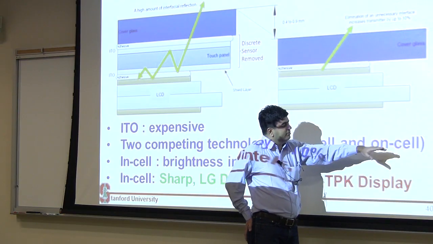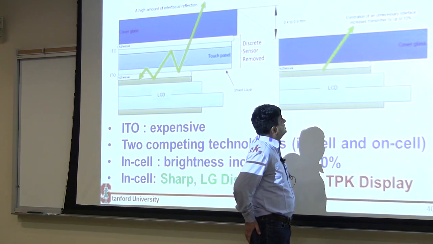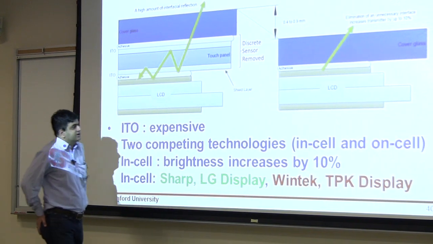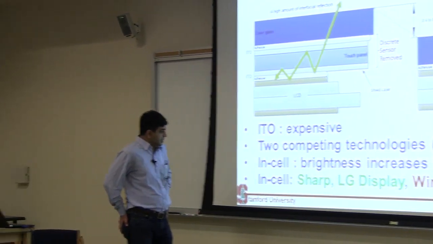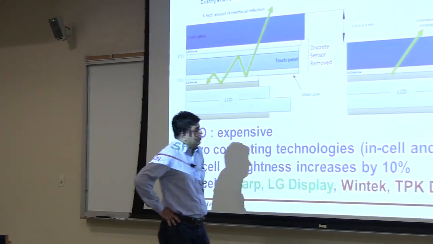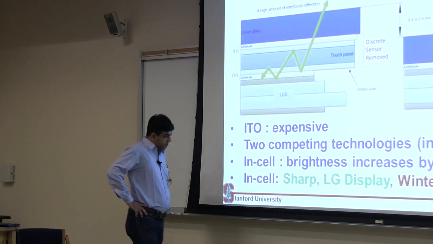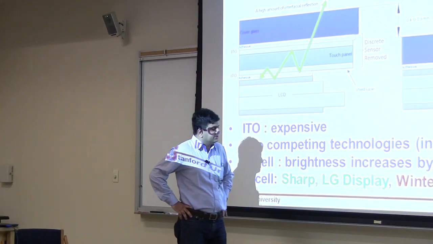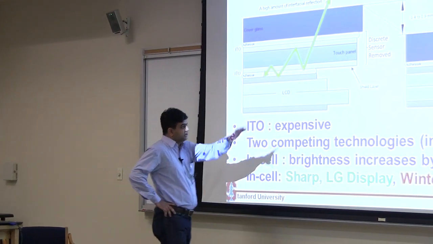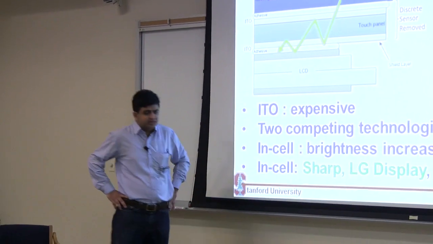Samsung, which uses an OLED-based display, does an on-cell approach where you have that touch sensor integrated into your glass. We'll talk more about that next week when we talk about displays. But using that in-cell technology allows you to increase your brightness by 10%. There are 4 companies which used to make displays for iPhone or these smartphones, and 2 of them adopted this in-cell technology, so they are still in business. The other ones, they don't get any orders.